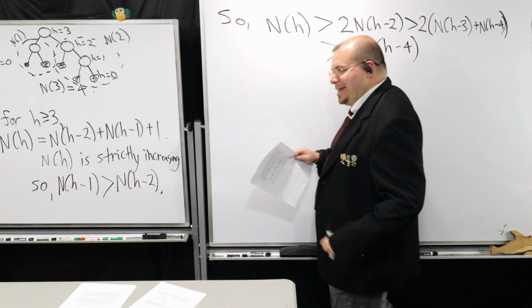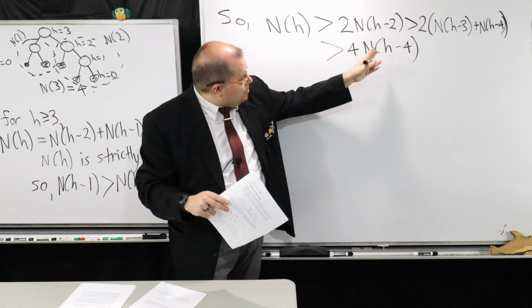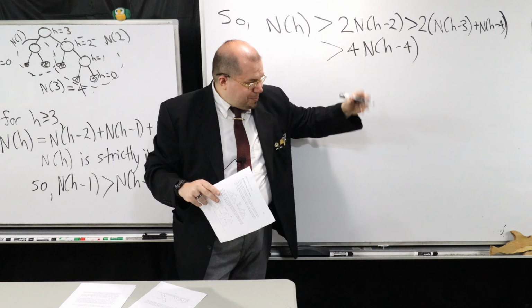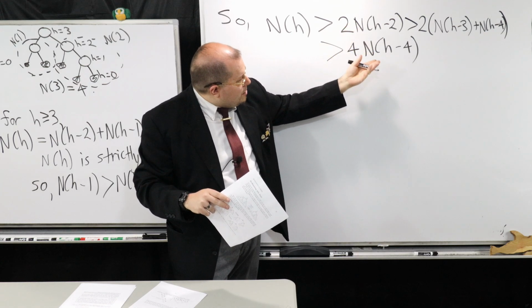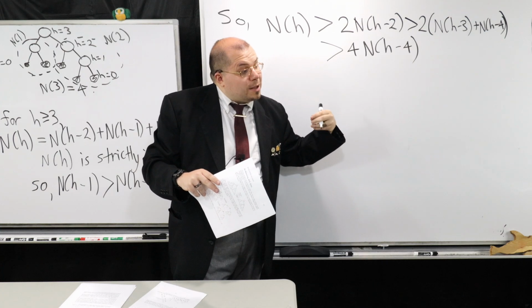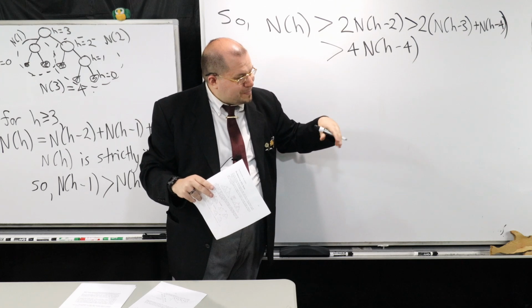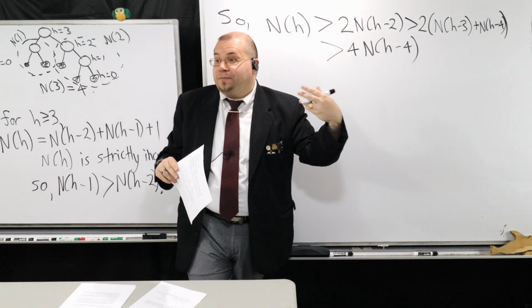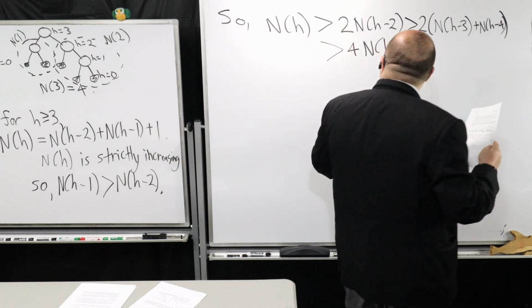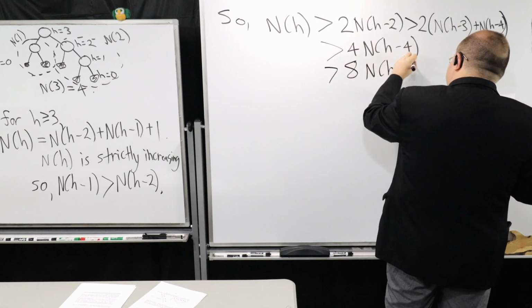I can keep repeatedly applying this technique: I write out what this is, drop the 1, and I would have n of h minus 5 plus n of h minus 6. I can replace n of h minus 5 with n of h minus 6. It only makes it smaller. And I end up with another multiple of 2, and that means I get 8 times n of h minus 6.